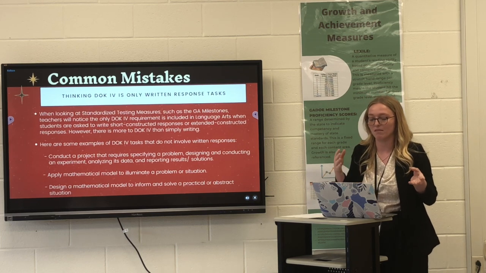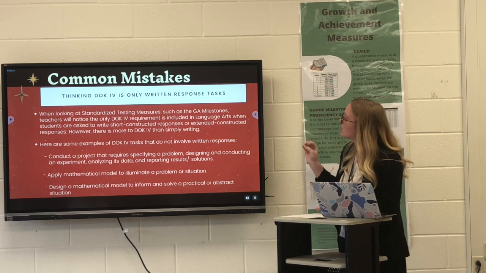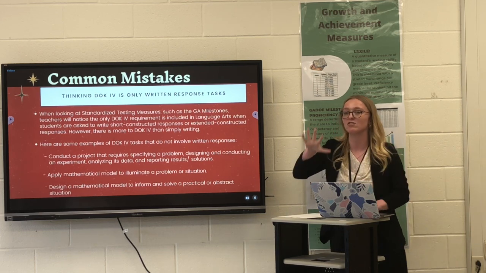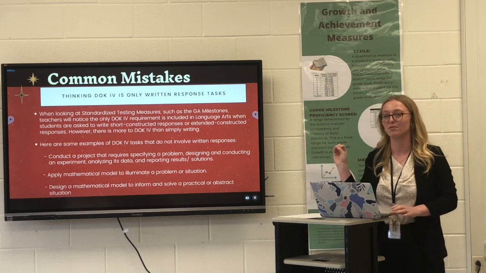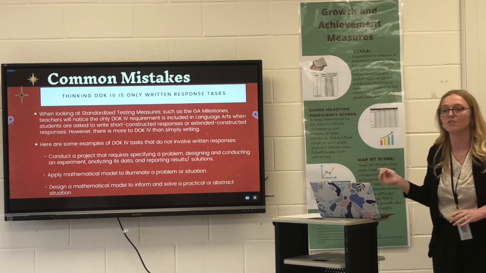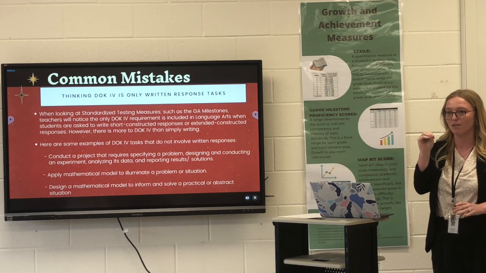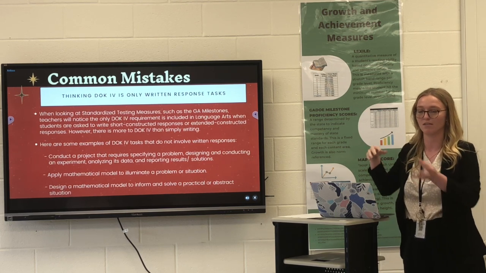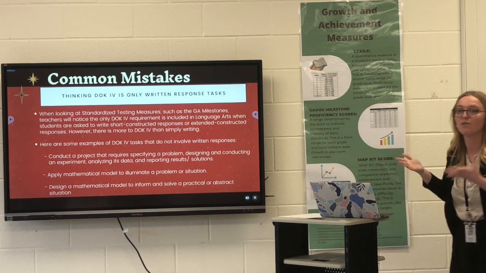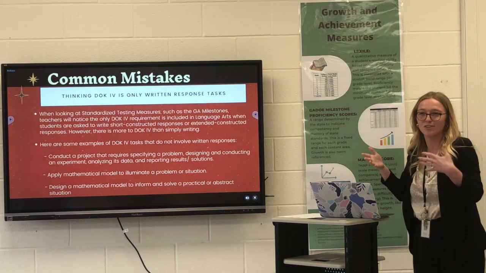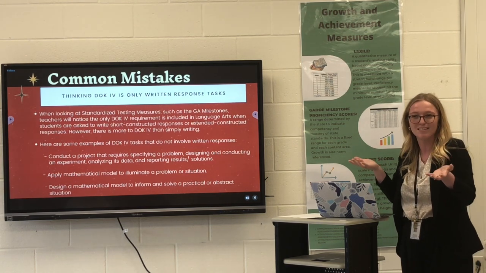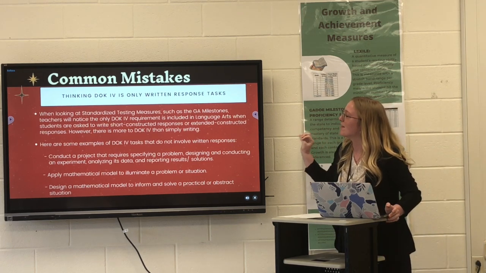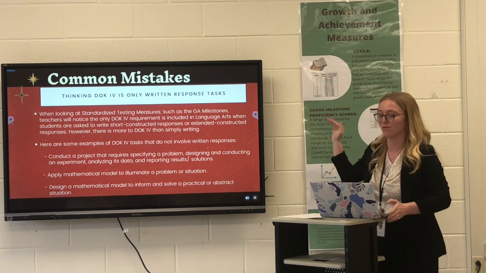There are so many other ways you can do DOK4, but I think the reason we're in this trap of thinking DOK4 is only writing is because when you look at Milestones, the only DOK4 that you see is in language arts, and it's always with the written responses, because that's the only way that they can really assess creativity in a time-sensitive way, in my opinion. But in reality, I do think that there's other ways to do DOK4 without the written response piece.